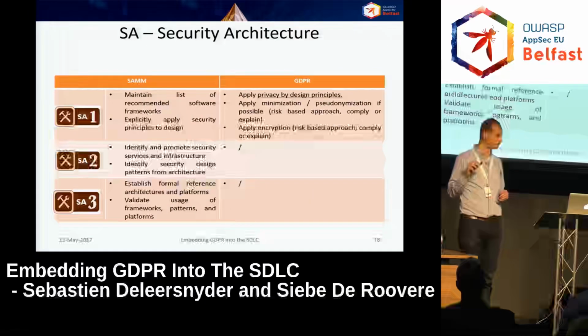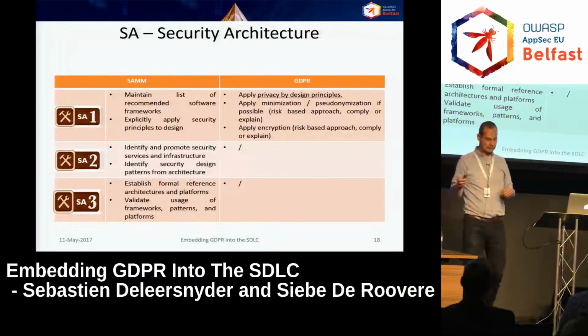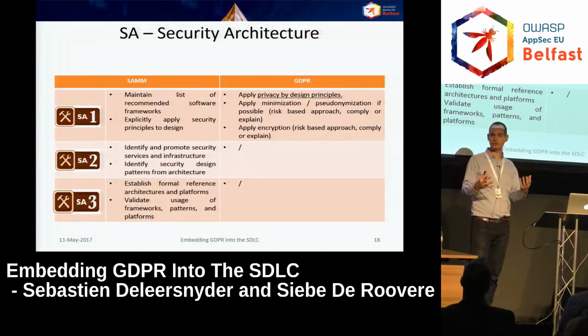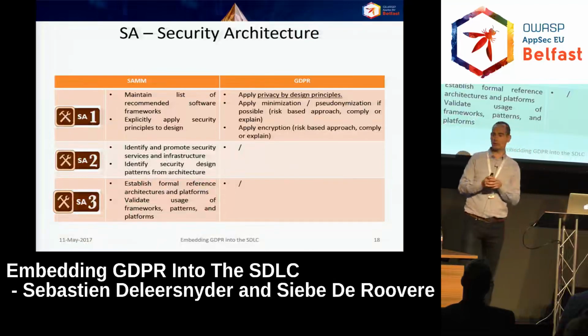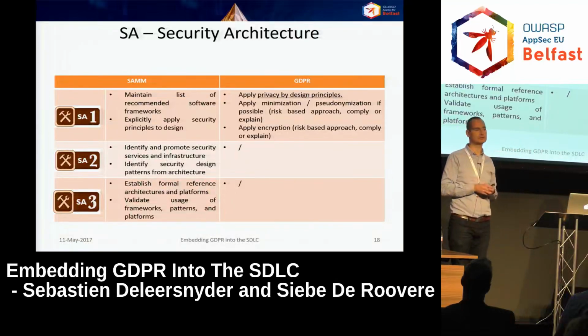One last construction security practice is security architecture, where I'll leave it for you to go over all the security activities that are part of a typical security architecture practice. What maps really well from the GDPR is the privacy by design principles.